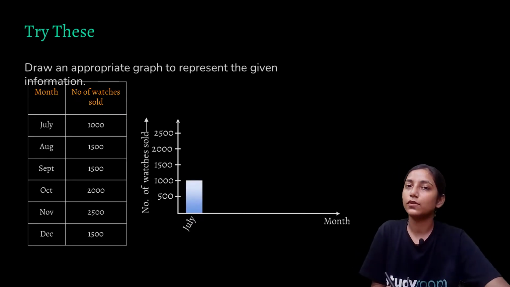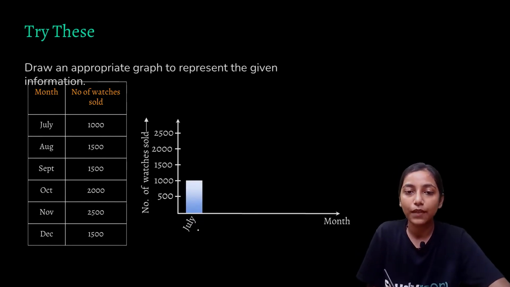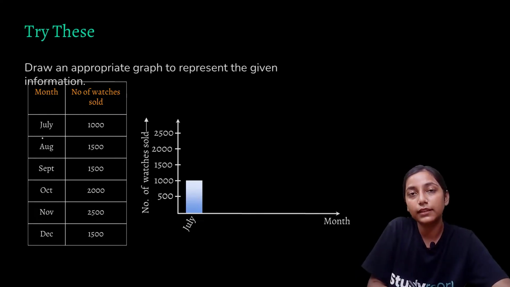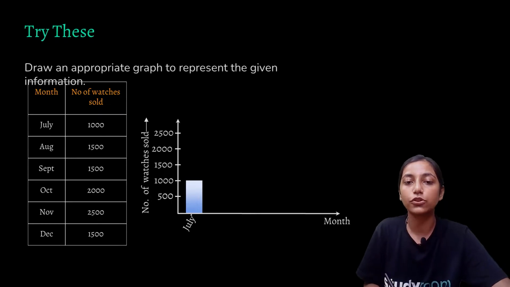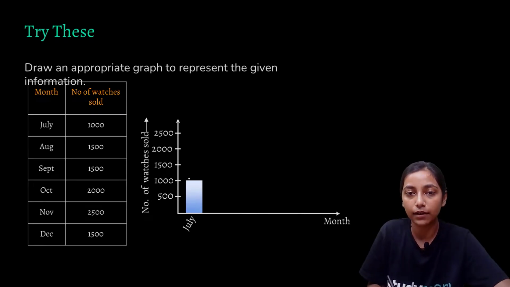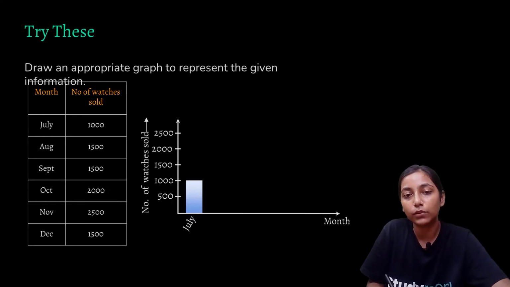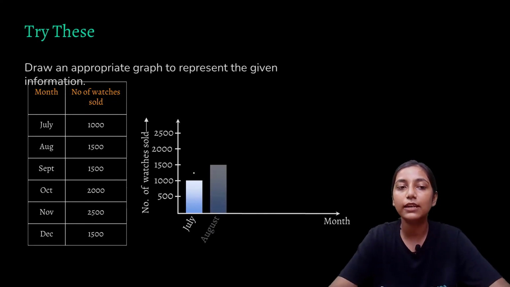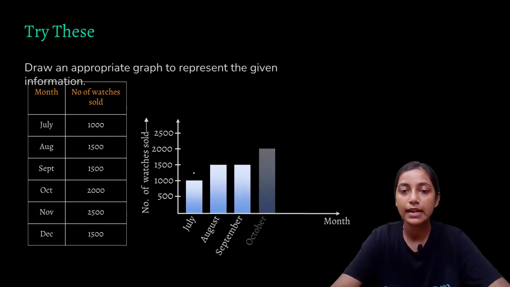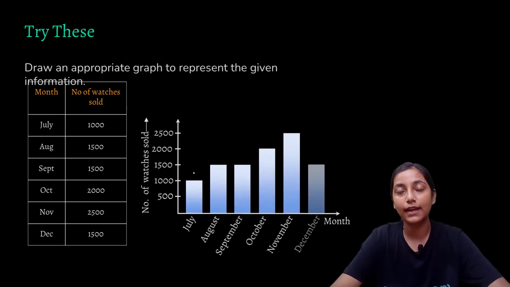Next, we'll start drawing the bar graph now. How? In the month of July, the number of watches sold is 1000. So in this July month, you will increase the height of the bar to the value 1000. Similarly, you can do for August to 1500, and similarly for September, October, November and December.